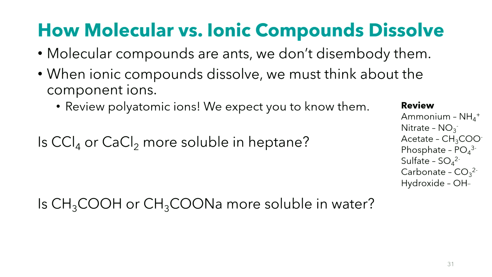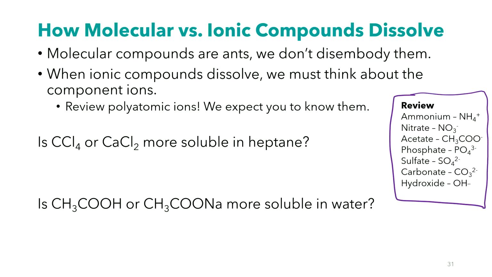That's in contrast to ionic compounds. If I'm going to dissolve an ionic compound, I have to split it up into its component cation and component anion. This is the part where you remember polyatomic ions, okay? Because we're going to expect you to know those, all right? So these are some of the ones that are especially big to remember, all right?